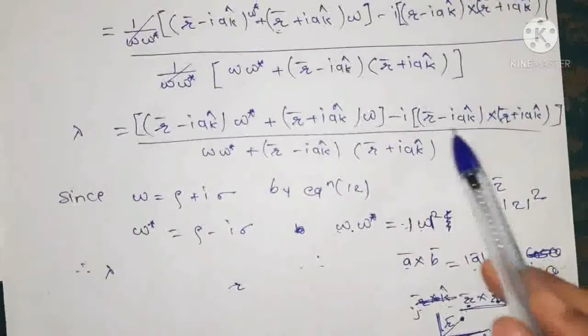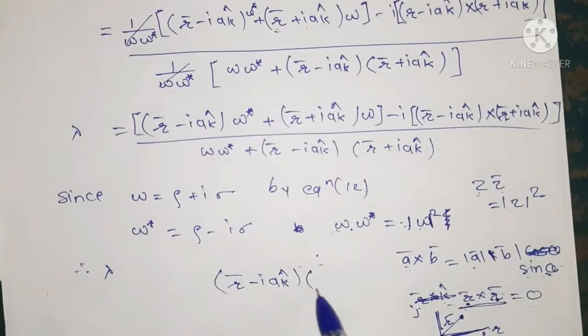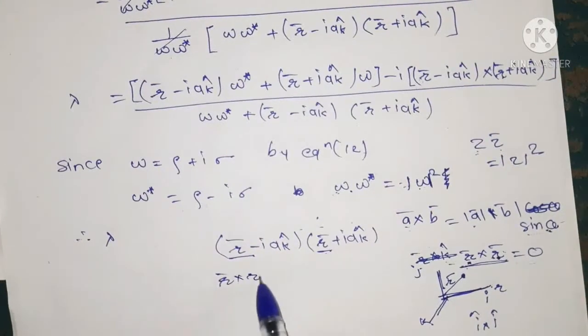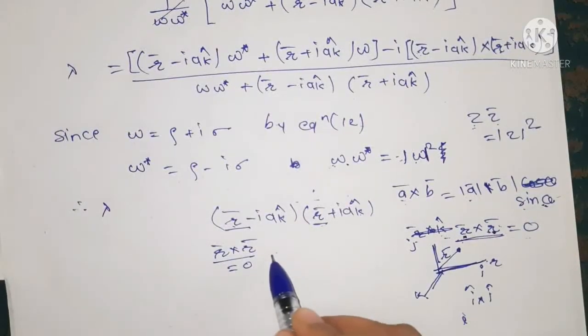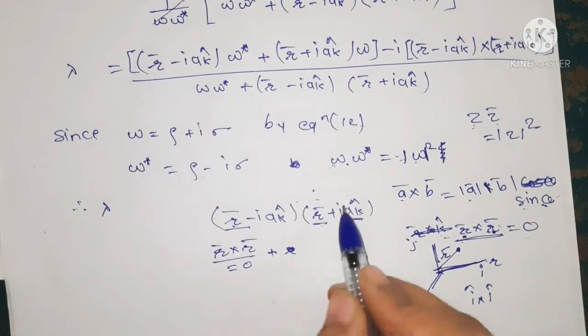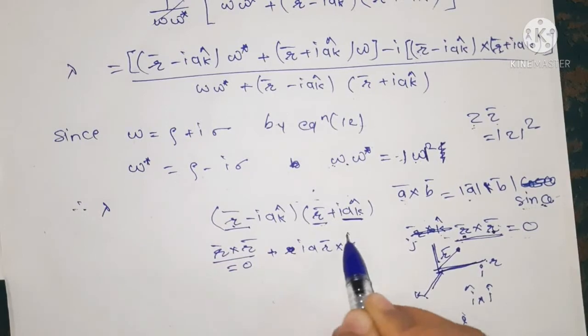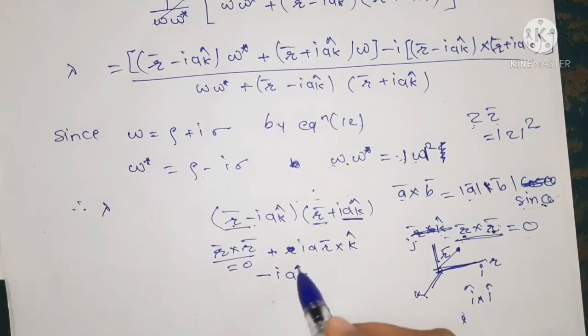When we multiply r bar into r bar, that is when we solve this bracket terms, r bar minus i a cap into r bar plus i a cap, we take r bar cross r bar, so this term will be equal to 0. Then we have plus r bar into i a k cap, so i a r bar cross k cap is here, then minus i a k cap into r bar is here, so there is a cross product.